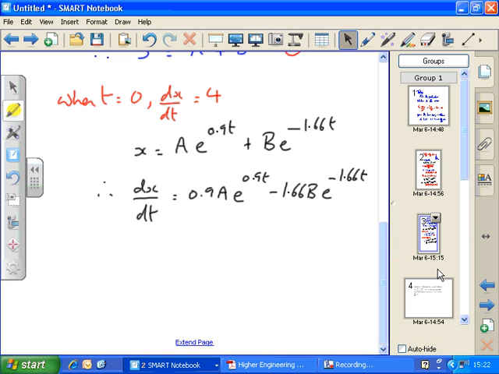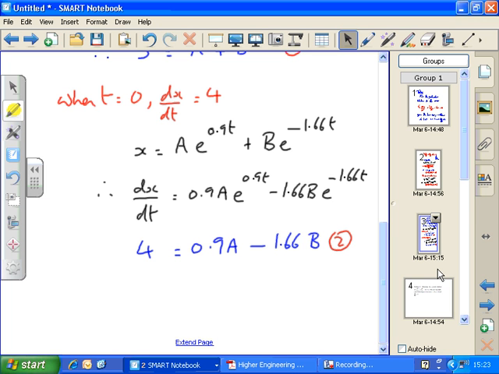Now put the initial conditions in. So dx by dt equals 4 when t equals 0. So we can write 0.9a, because e to the 0.9t is just 1, minus 1.66b, equals 4. And we've got another equation. So that's the second of our set of two simultaneous equations.